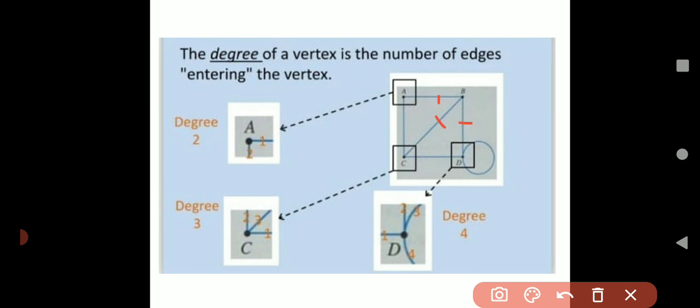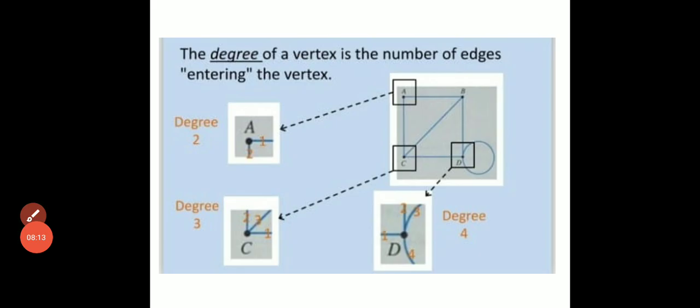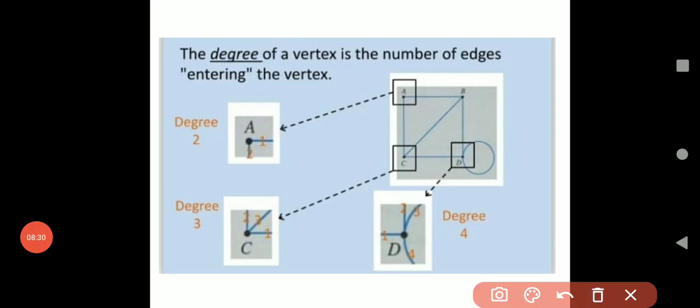So the degree of B is 3. And for C, 3. And for D, D has the degree 4, since it is incident with 2 edges and it has one loop, so we count the loop as 2 degrees. Already it has 2, so 2 plus 2, 4.